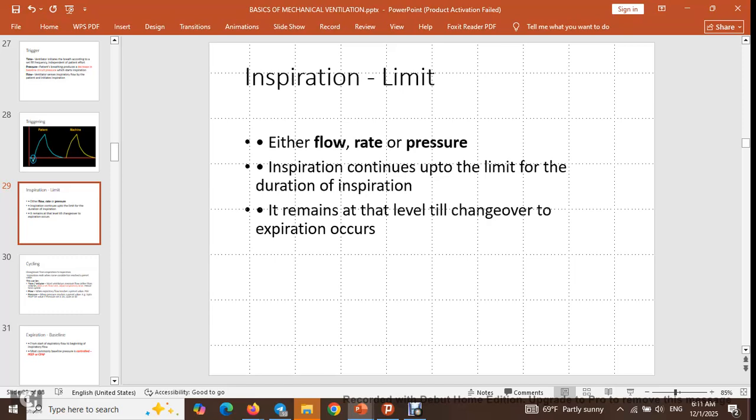If the patient is not allowed to inspire by himself, the trigger and the limit can be constant, based on the respiratory rate. The trigger can be time trigger, the limit can be rate limit, based on the respiratory rate, and cycling can be based on the I:E ratio.